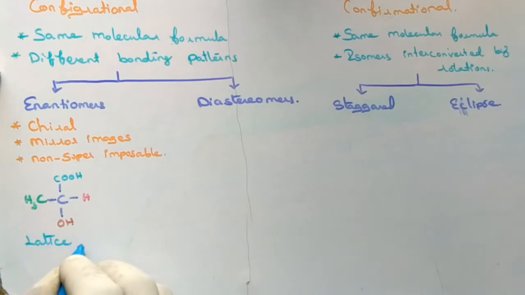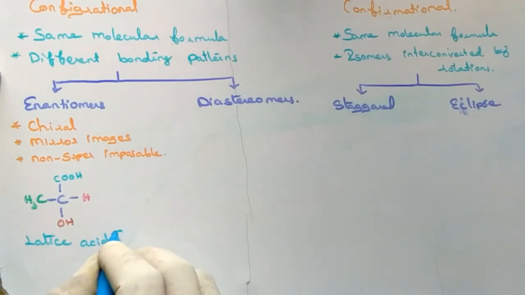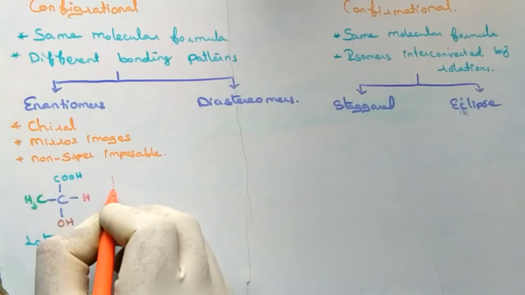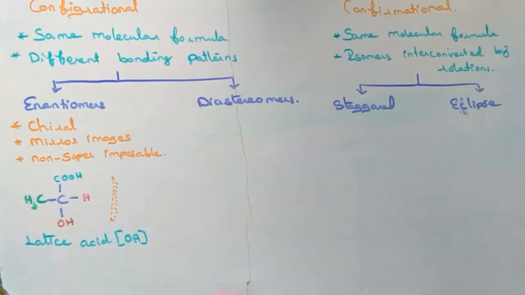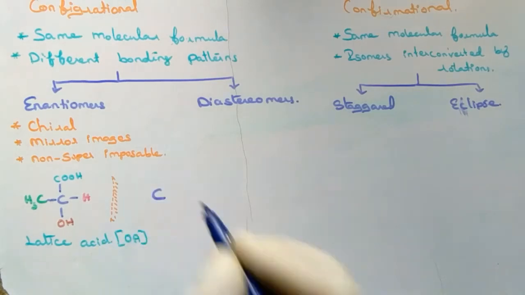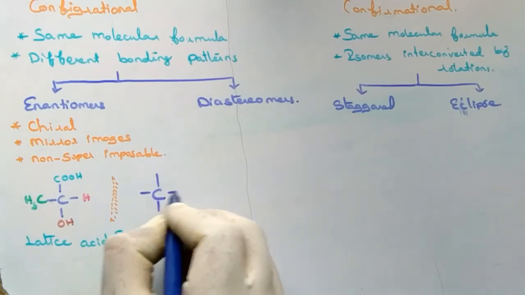The name of this compound is lactic acid. It is an optically active compound. Because they are mirror images, if I keep a mirror here, then we will get an image like this.